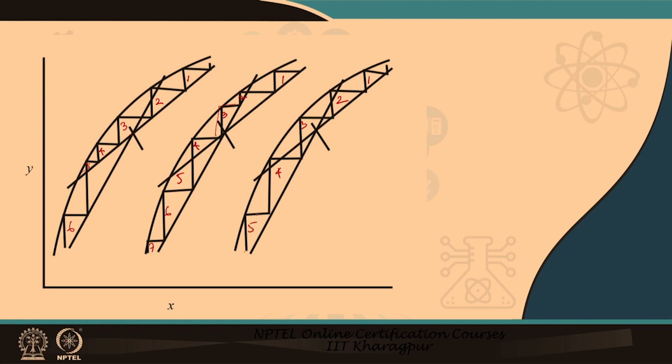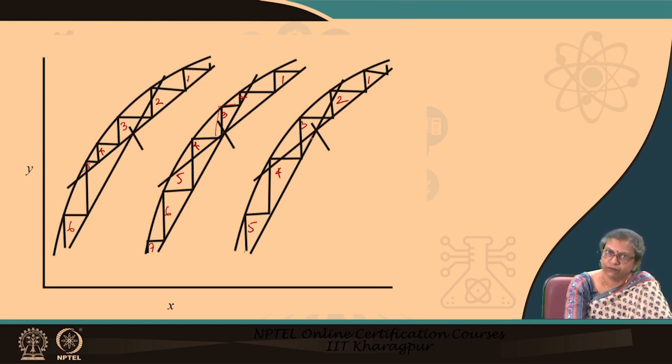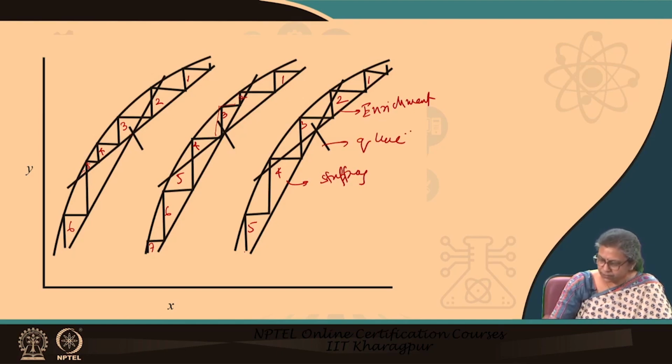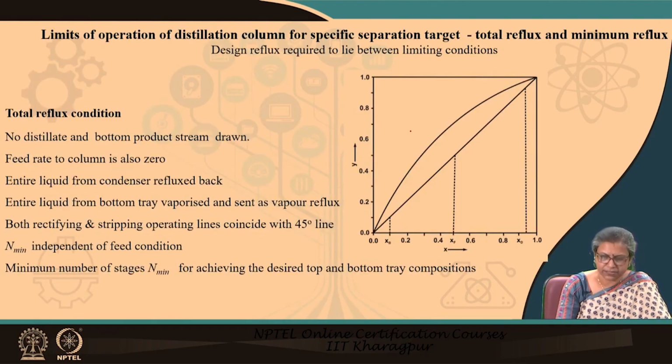So, therefore, if we really want the minimum number of stages, then the crossover from the upper operating line to the lower operating line has to happen exactly at the point of intersection of the enrichment section operating line, the stripping section operating line, as well as the Q line. This is going to give us the best design.